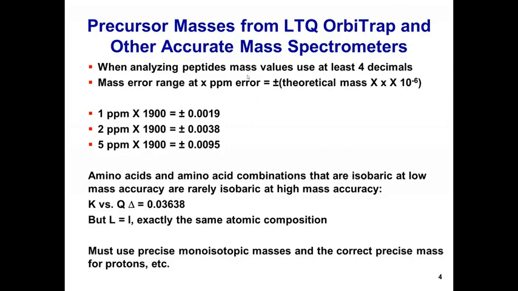An advantage of high mass accuracy data is that amino acids and amino acid combinations that might be isobaric at low mass accuracy are rarely isobaric at high mass accuracy.